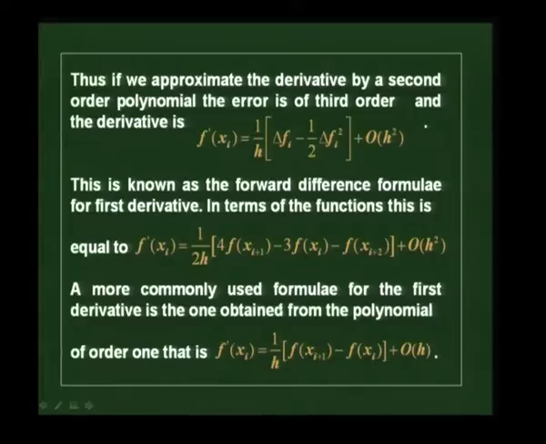A simpler form, which is most commonly used, is just the first order term, that is f of xi plus 1 minus f of xi divided by h as the derivative at that point. These are called difference formulas.